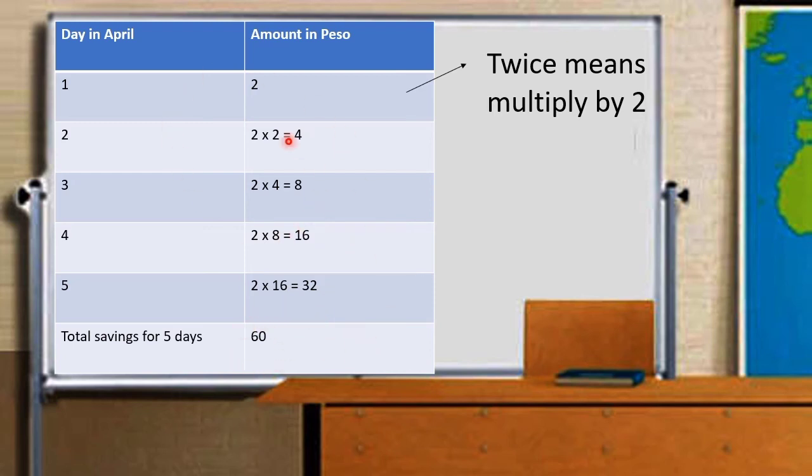So, yung number sequence natin sa ating word problem ay 2, 4, 8, 16, 32, and so on. Our nth term rule is 2 to the power of n.